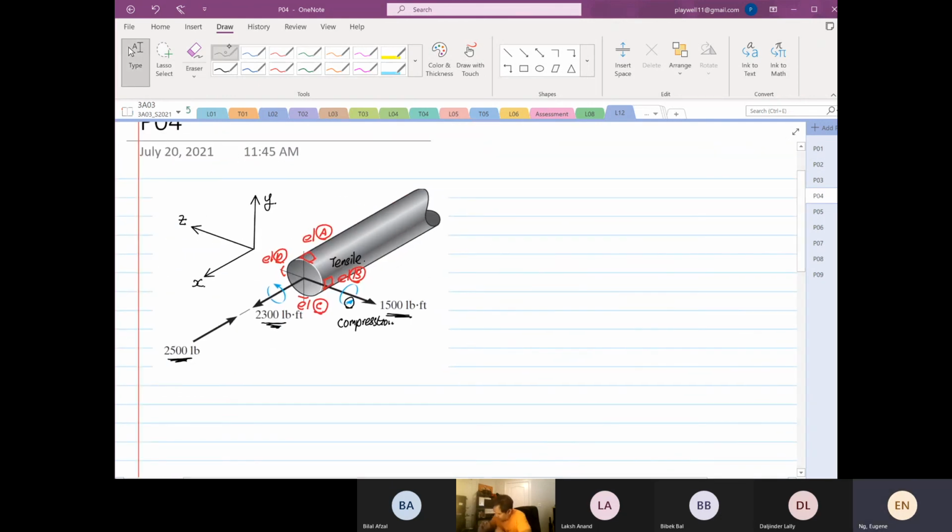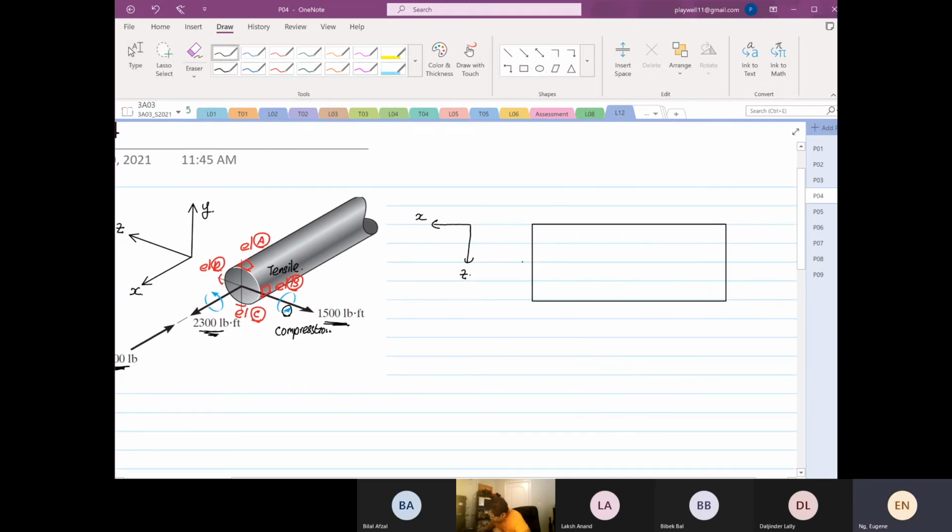So this is our X. Sorry, this can be our X, and then this will be our Z. So we are viewing it from the bottom now. So this is the shaft.